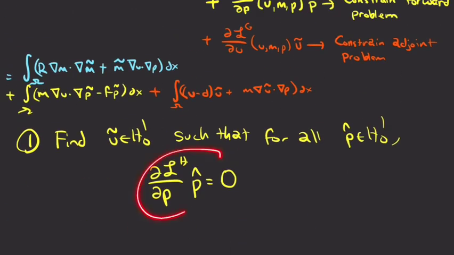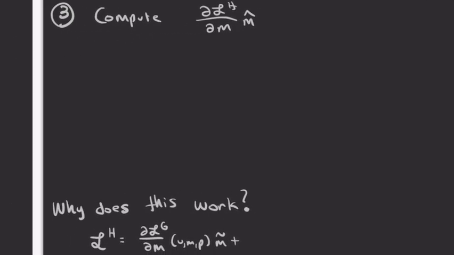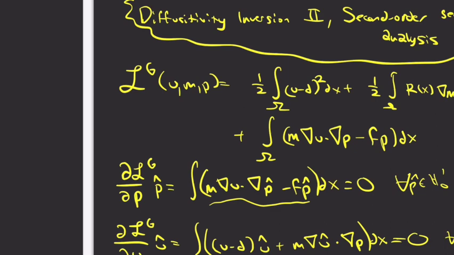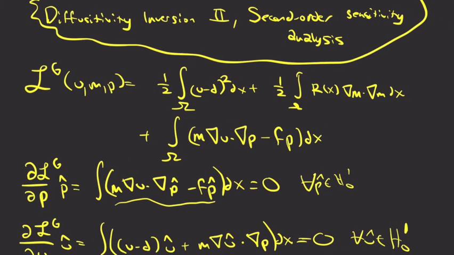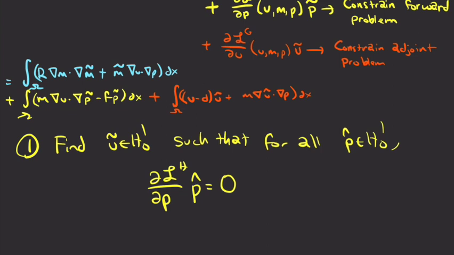So we take partial with respect to P, partial with respect to U, and then finally, just as before, once we solve those two, we only have to take a partial with respect to m, and it implicitly gives us the full derivative. And that's basically all there is to it with Hessian action. It's very similar. So let's go ahead and work this out.